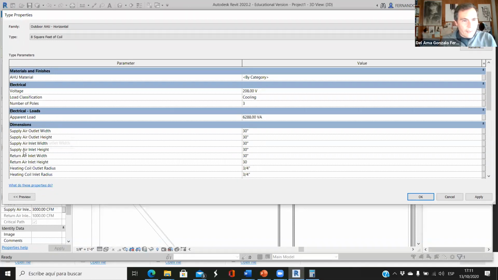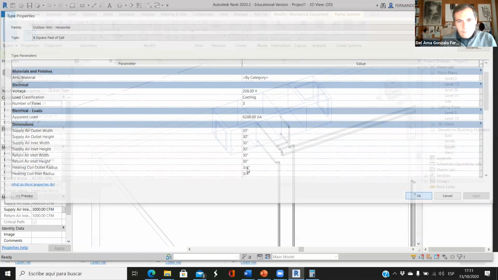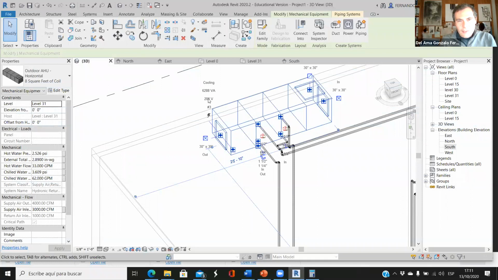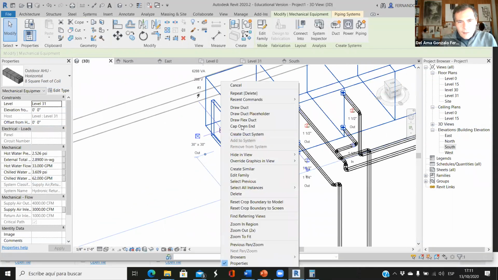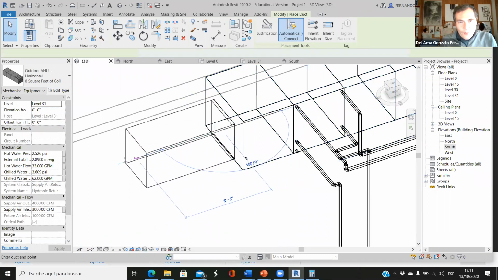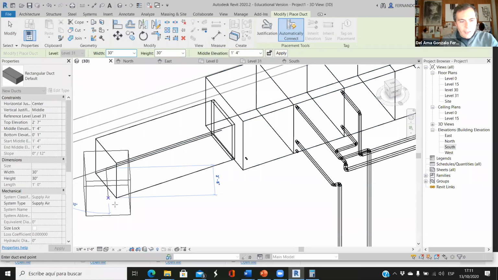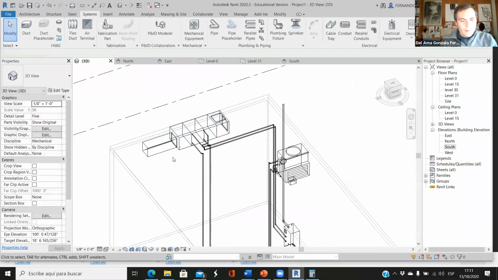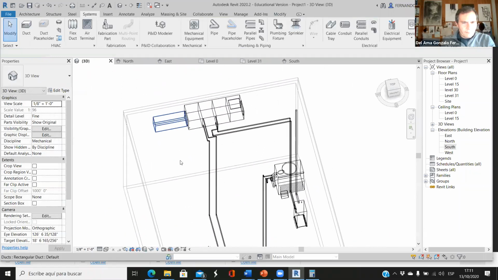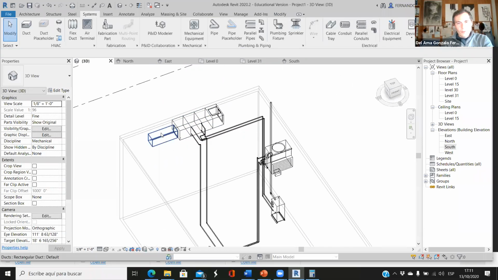Okay, so all these air supply, return, inlet, outlet, let's make it 30, apply. Okay, so this is now 30 by 30. So we can start drawing a duct now. And we know that with this 30 by 30 duct, the velocity will be fine.